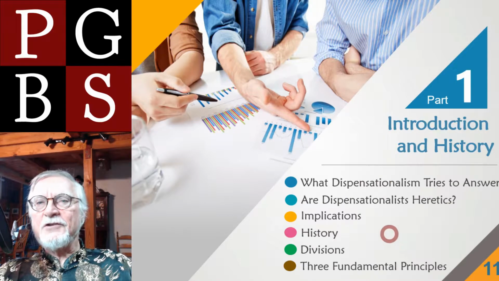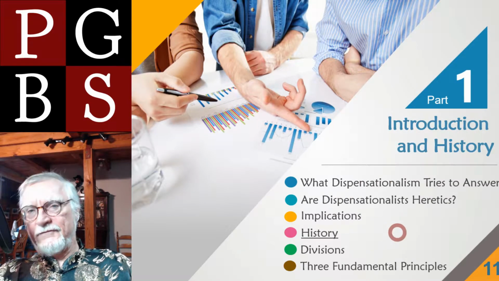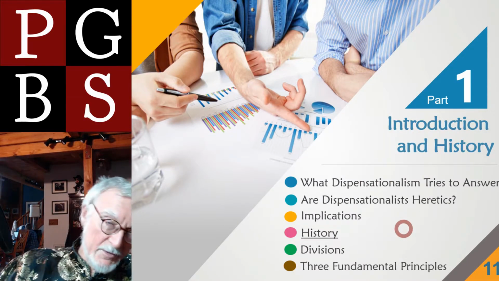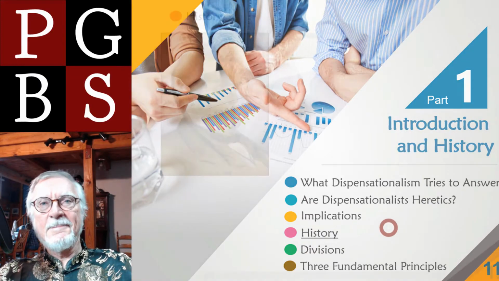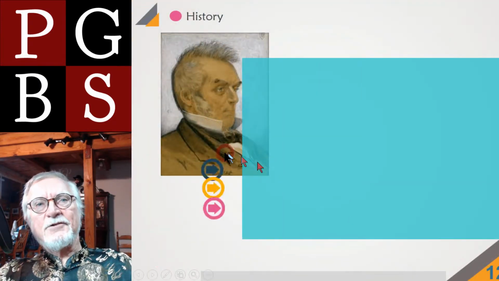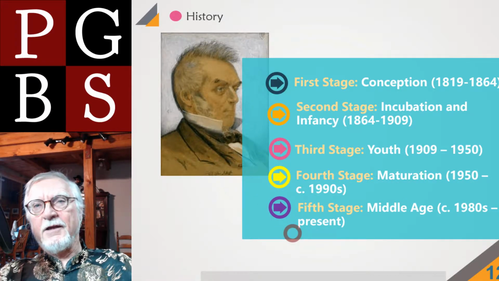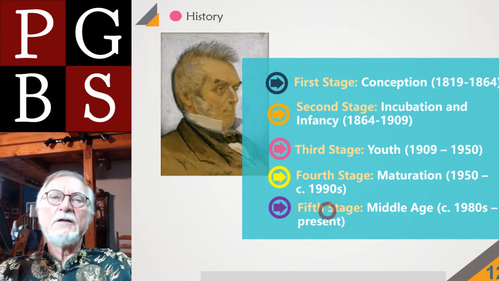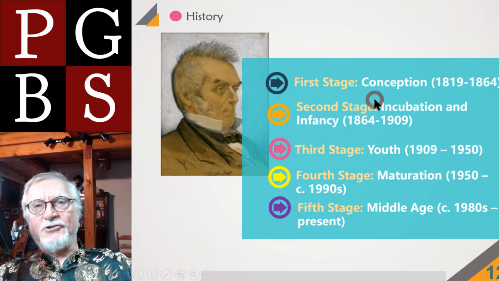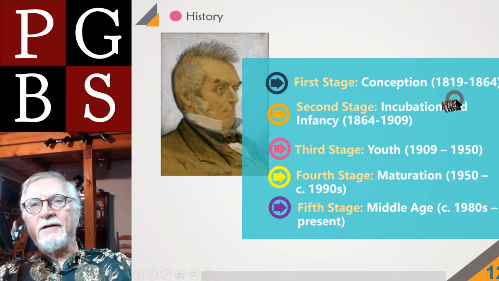Implications are severe. Let's look at the history of dispensationalism. Here's a nice picture of John Darby, and here are 5 stages of dispensationalism, and we're going to use a metaphor here, the growth of a human being. The first stage is conception. The error was conceived between 1819 and 1864 by this guy, John Darby, right here.